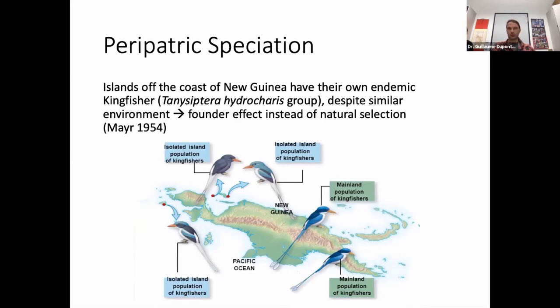So natural selection does not explain these slight differences that there are different species existing. So he came up with this idea of the founder effect, which we've discussed earlier. A small group with a specific genetic makeup colonizes a remote area, establishes a population, and becomes, because of the lack of gene flow, a distinct species over time. This is what we call peripatric speciation, and it mostly is relevant in island settings.